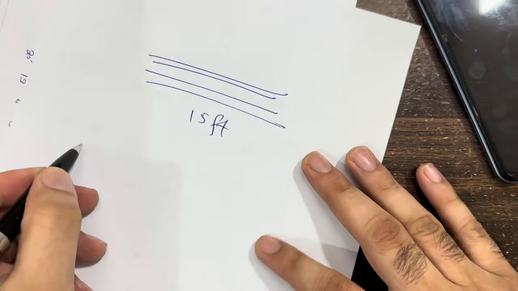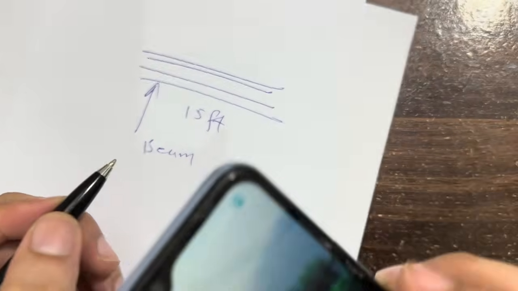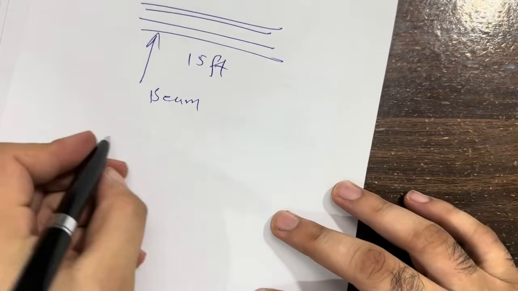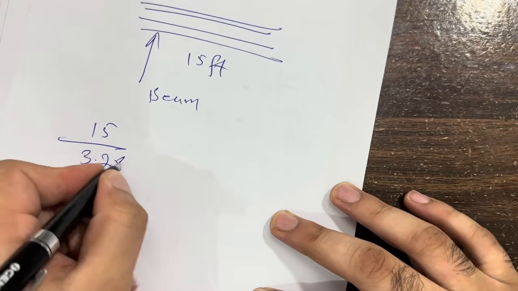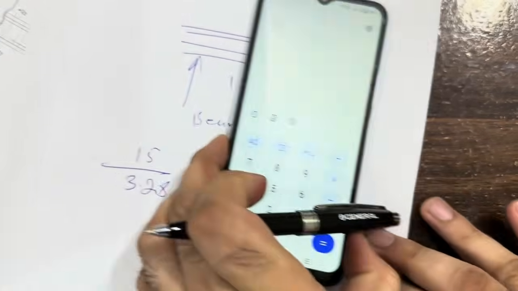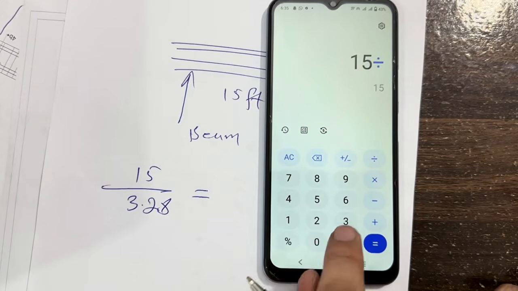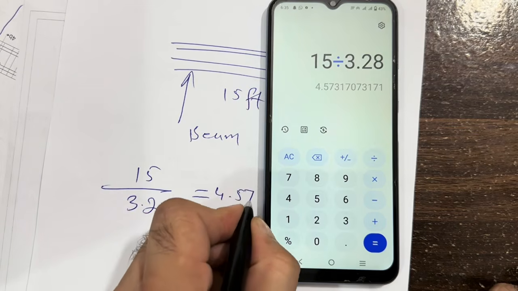So 15 feet, this is the beam. 15 feet should be divided by 3.28 to convert it to meter. So you can do the calculation properly: 15 divided by 3.28, so this is 4.57 meter.